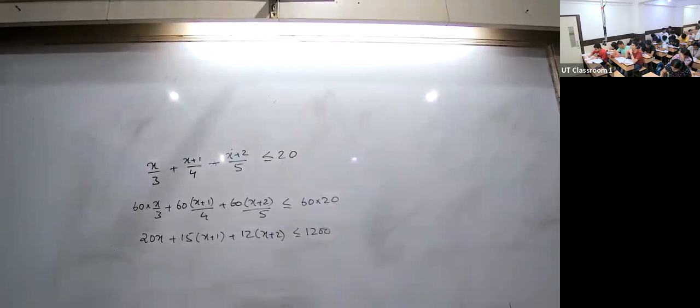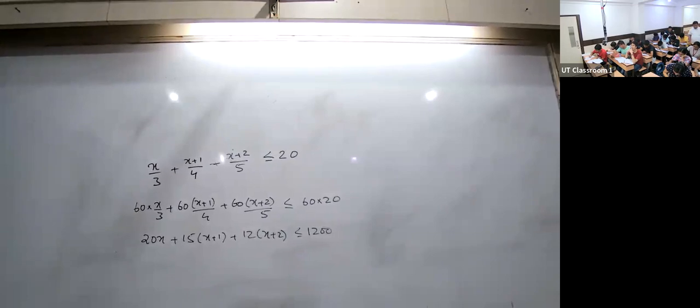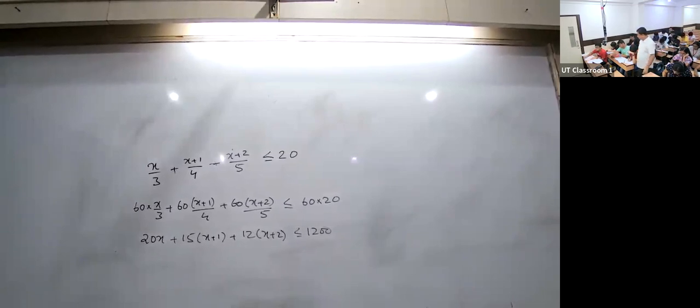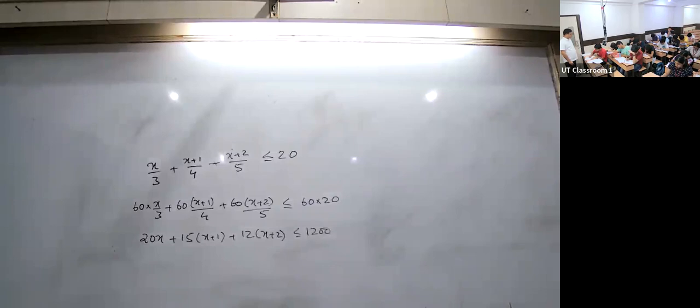Half things we are not writing. This time we don't need to multiply by 60. Make it a mixed fraction. Addition, struggling with addition and all.